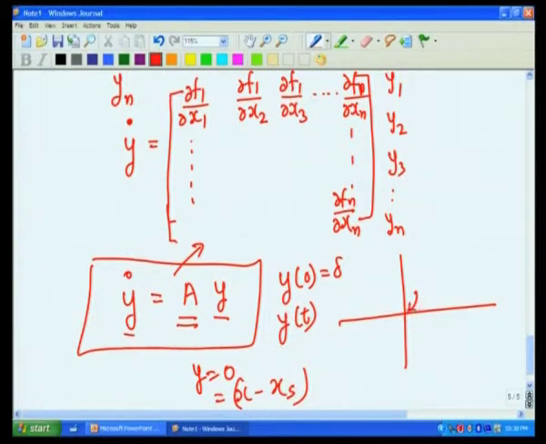Does it go back here? Does it go somewhere else? And so on and so forth. So, that will then tell me what is the status of this steady state f of x_s.